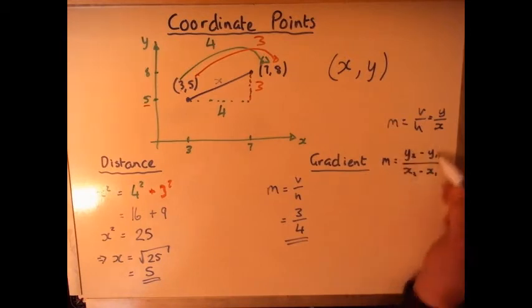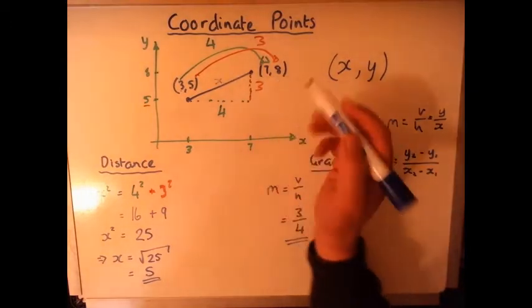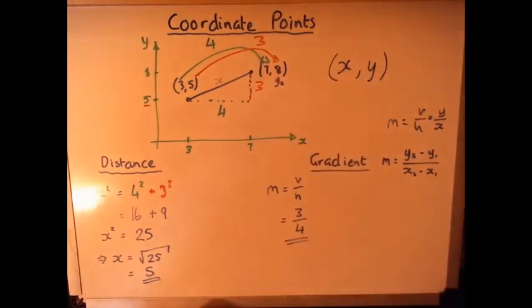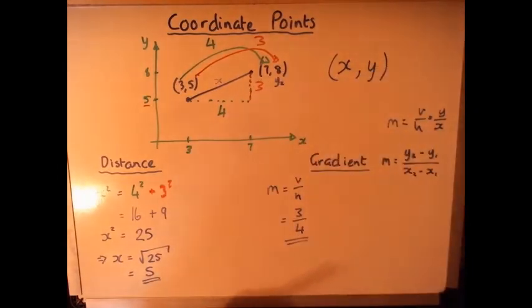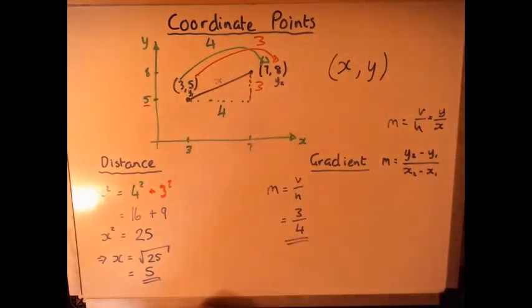If you're using this mathematical formula, y2 is just the y value of your second point, so it's this value of 8 here. Remember, the second one in your bracket is your y value. So y1 is the 5. That's the y value of my first point.